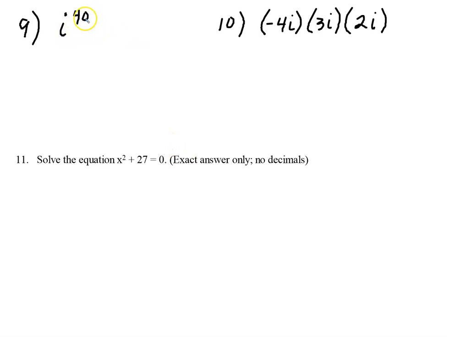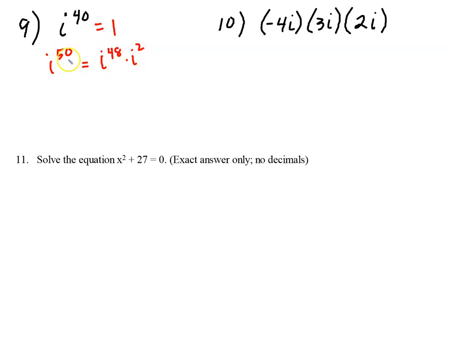So whenever you have i raised to a multiple of 4 power, it's always equal to 1. So i to any multiple of 4 power. If it's not a multiple of 4, let's just say, I'll say 50. Well, 50 is not a multiple of 4, but 48 is.